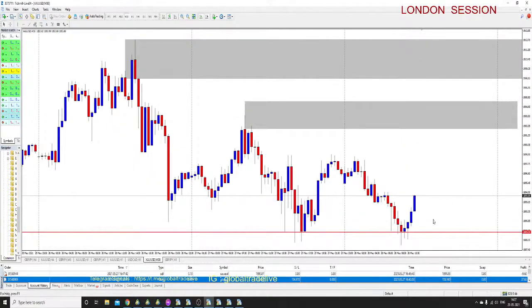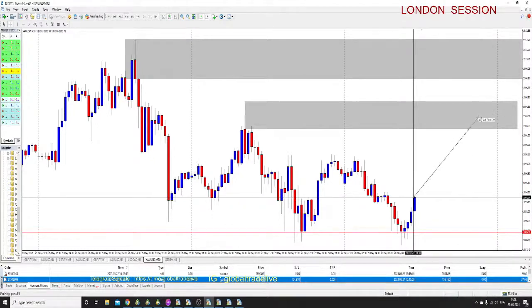Because we really need to know whether the gold will be really moving up or not. So if gold really needs to go up, then this area gold should be leaving behind and should be moving far away.